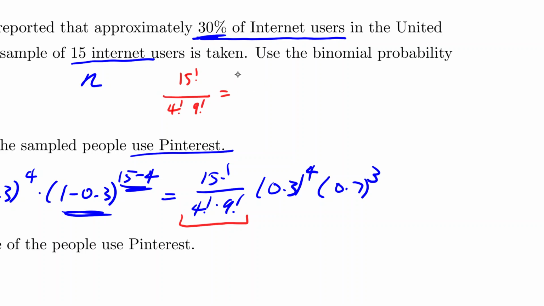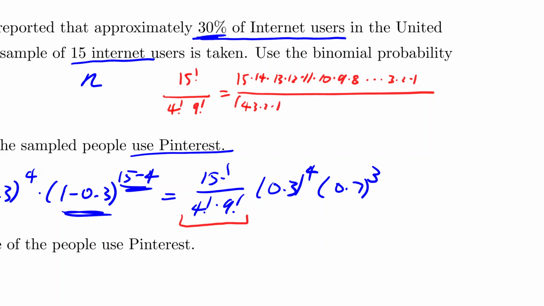We know 15 factorial means 15 times 14 times 13, 12, 11, oops, forgot 10, 10 times 9, 8, all the way to 3 times 2 times 1. Divide by 4 factorial, which is 4 times 3 times 2 times 1. Multiply by 9 factorial, which is 9 times 8 times, all the way to 3 times 2 times 1.